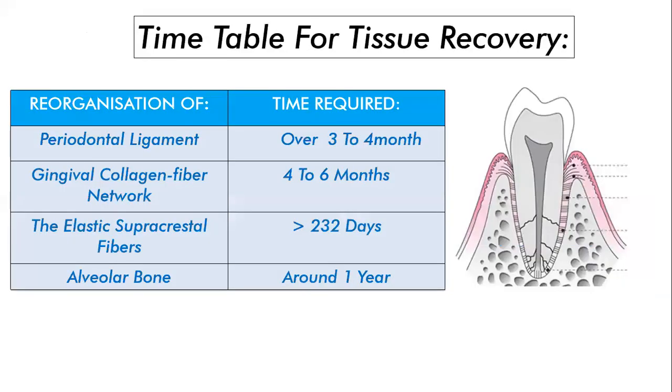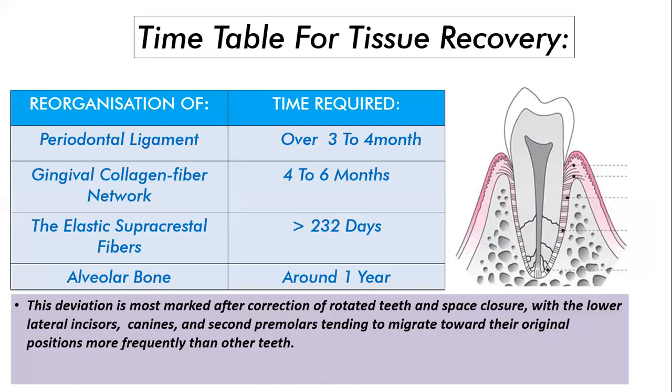Okay. Now, as an extension to this, this probably is not super important for you from your exam point of view, but it greatly adds to your answer if you can write this. But this is super important from a NEET point of view. So this is a timetable for tissue recovery. So the periodontium has not just PDL, it's also the gingival fibers, supracrestal fibers, your alveolar bone, and all of that.